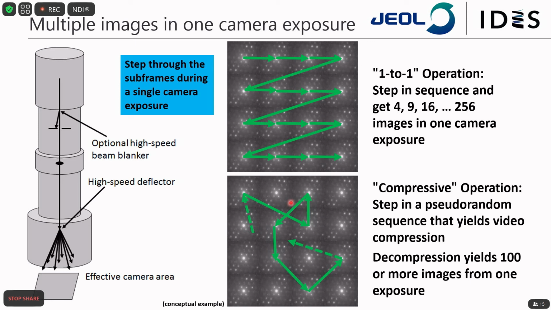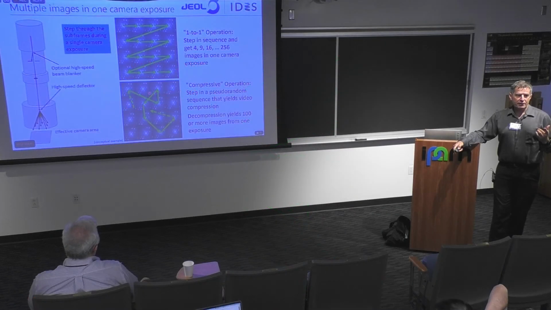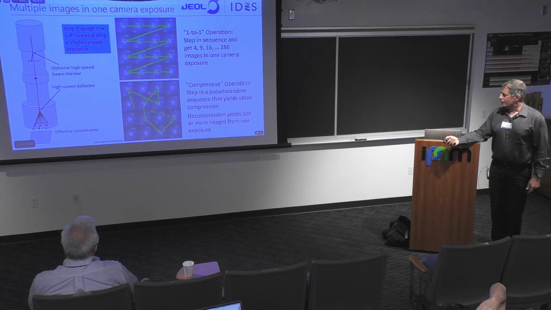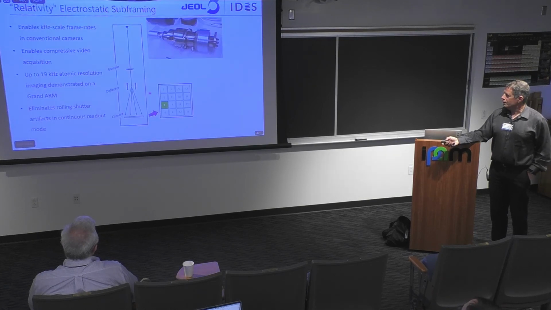So each one of these 16 subframes is now a superposition of different points in time with known coefficients. So if your underlying data stream is highly compressible, you should be able to reconstruct not 16 frames from this, but say 100 frames from that. So that's the trick of compressive sensing video that we're using.